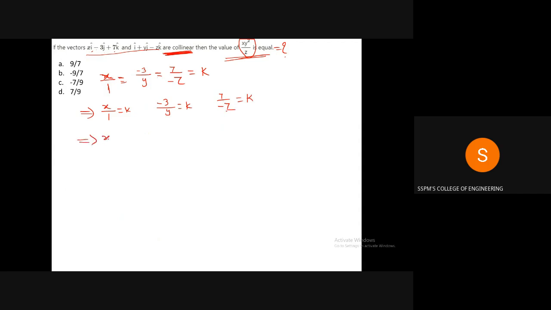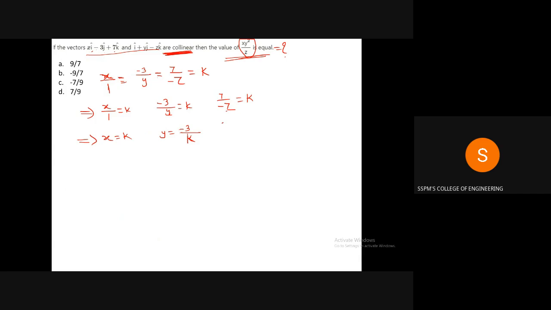So this gives that x is equal to k, y is equal to minus 3 divided by k. What is y? If you put x is equal to k here, we have y is equal to minus 3 divided by k.